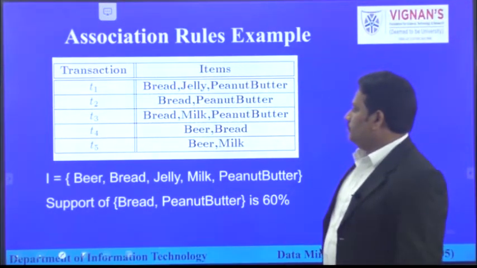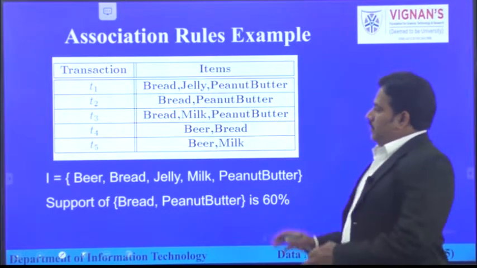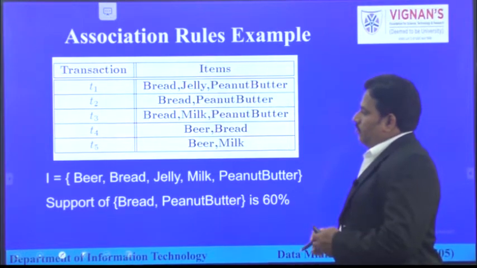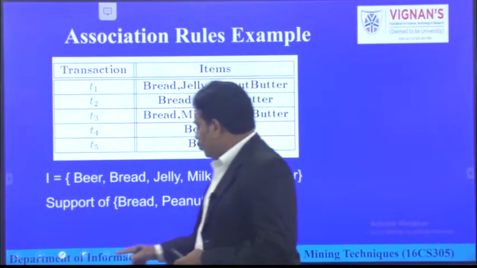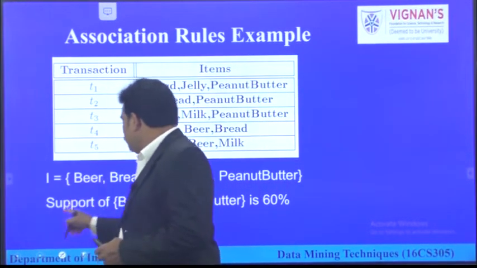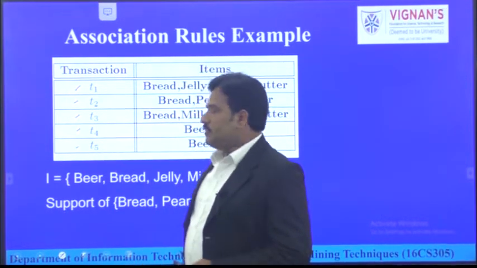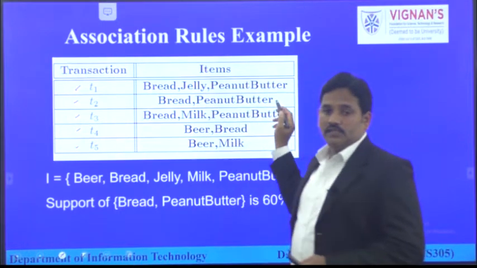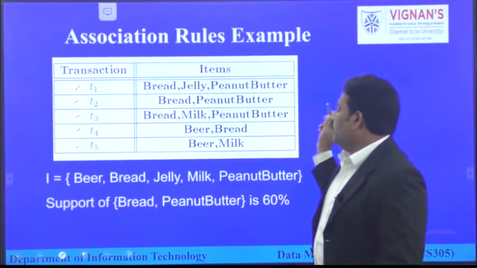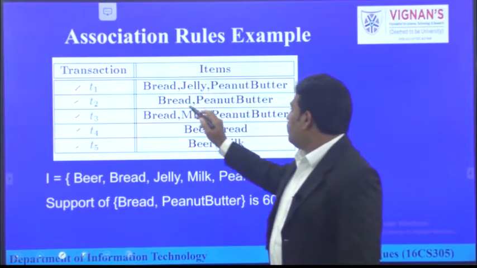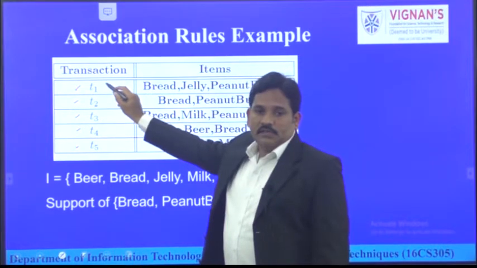Now look at here. Here the total number of transactions are represented as T1 to T5. Here we are having 5 transactions, and each and every transaction is represented with the set of items that have been purchased. Let's have a look at it here. Here we are having 3 items purchased in transaction 1.